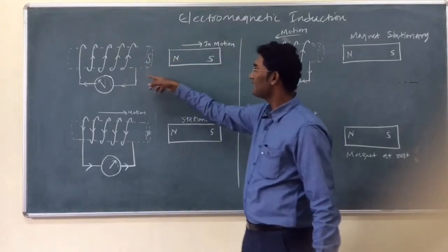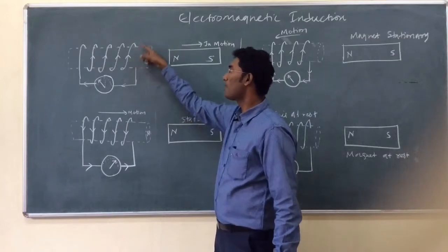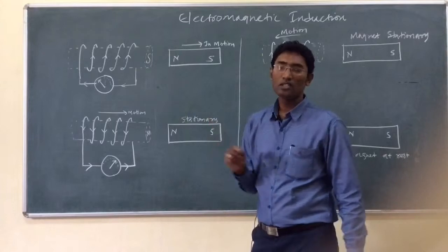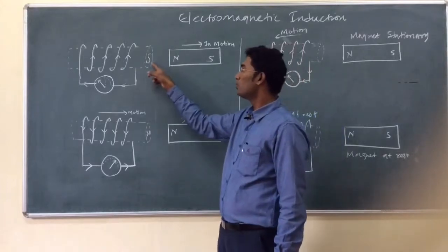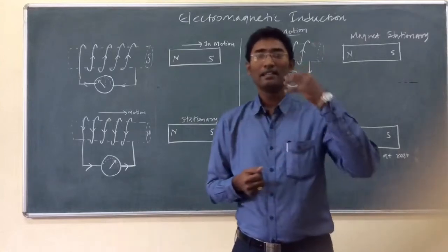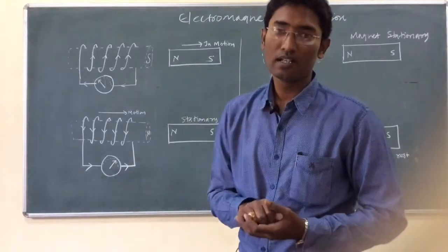Because of this the current flows in the clockwise direction, and using the corkscrew rule, a south pole is formed here. Due to this, induced current is produced in the conductor.